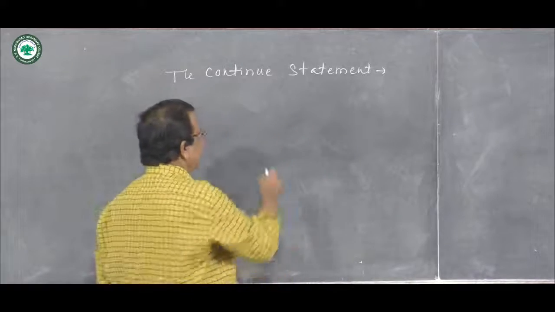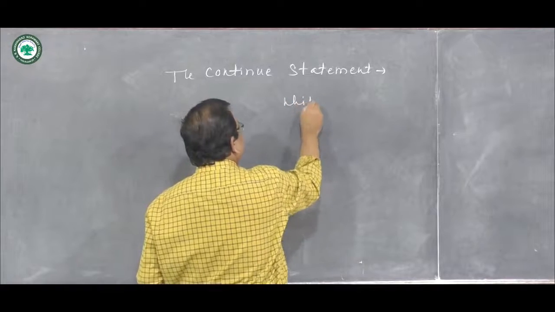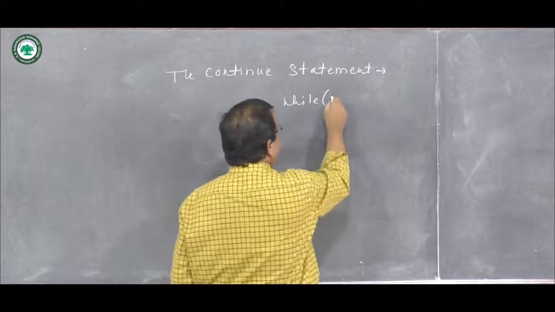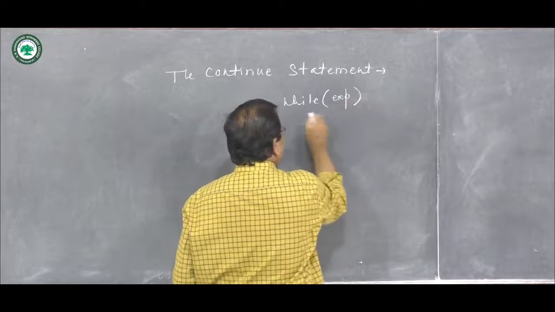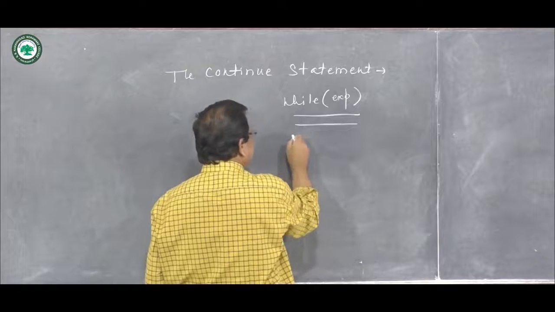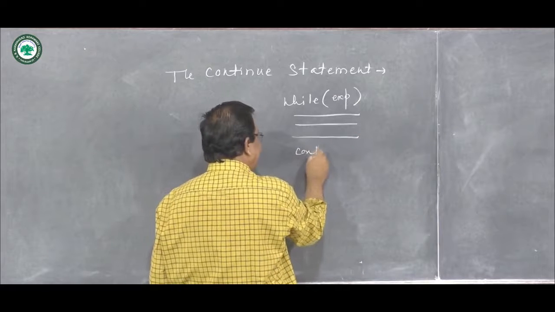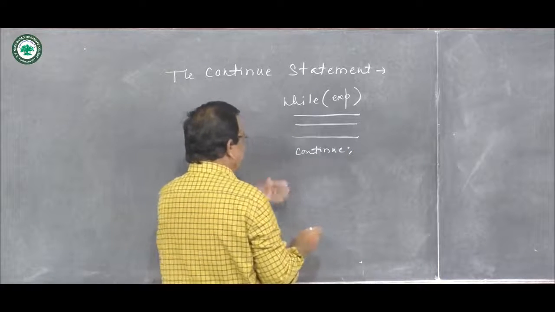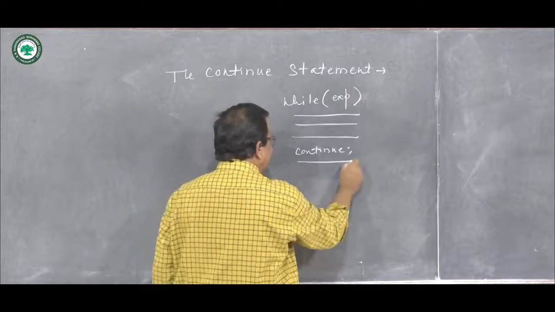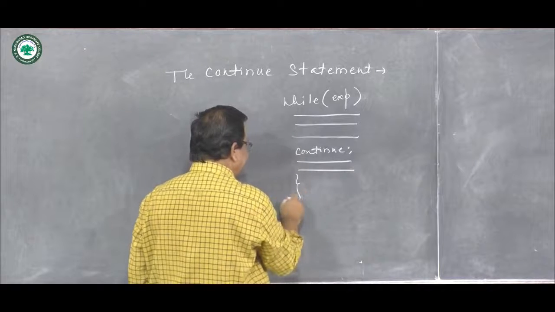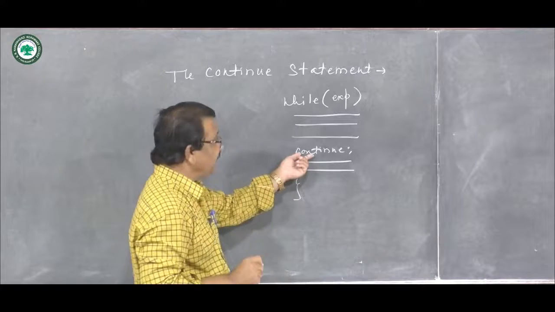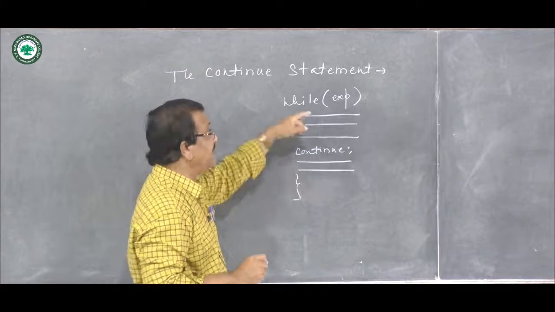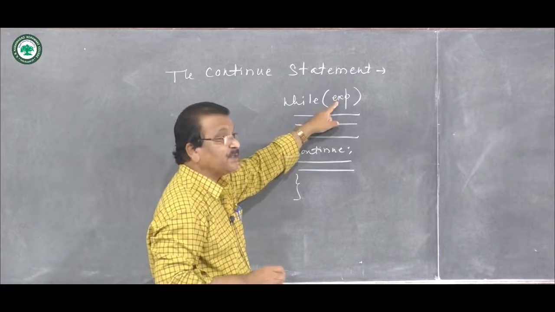Here is an example. Suppose I have while. It is used in conjunction with while, do while and for. While expression, few C statements are there, and here is the continue statement, continue semicolon, this is the format, and then these two C statements are there. So this statement will not terminate this loop. The loop will get repeatedly executed as long as this expression is true.